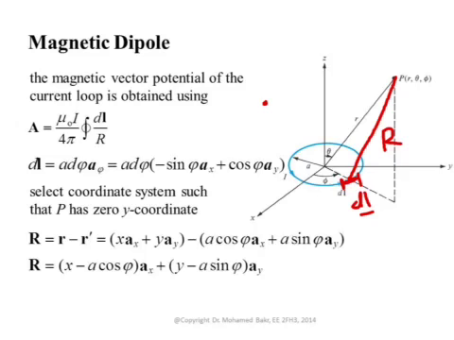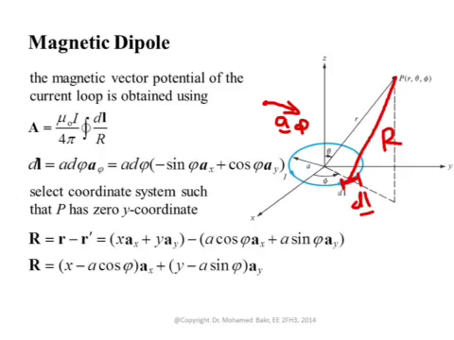Now if this is my observation point, then it should be clear that the phi direction here, which is now normal to the xz plane, is nothing but ay. So if I make that mathematical trick, you will see how things get simplified. Now we start.